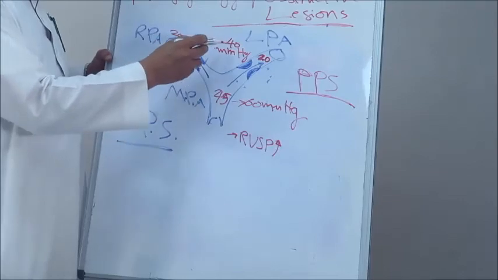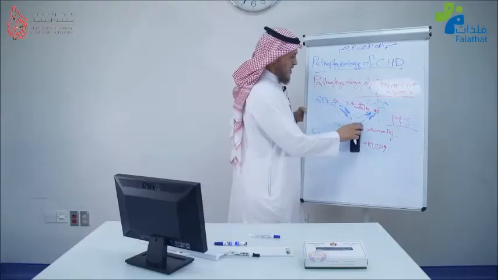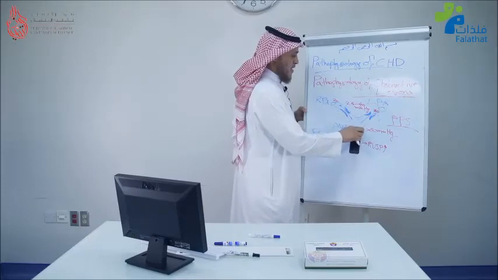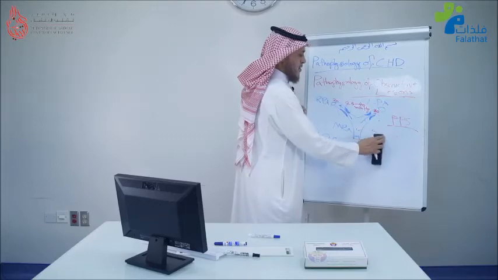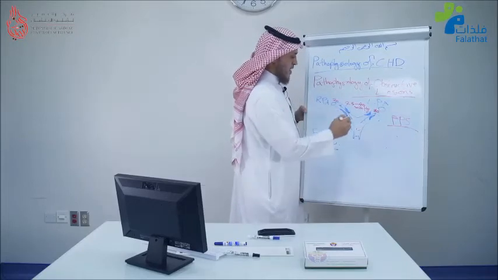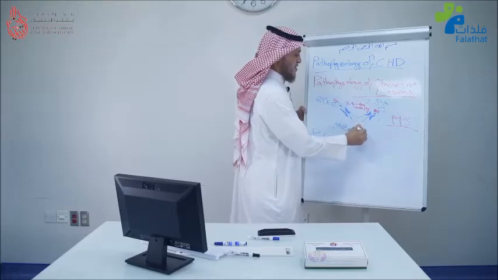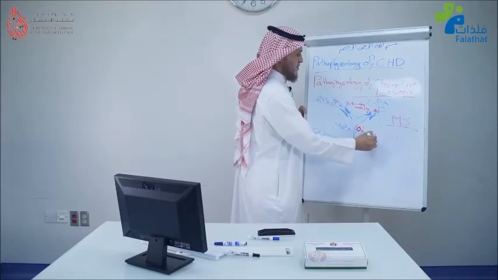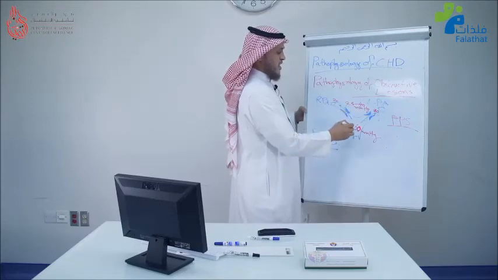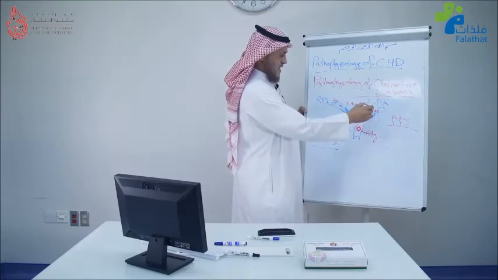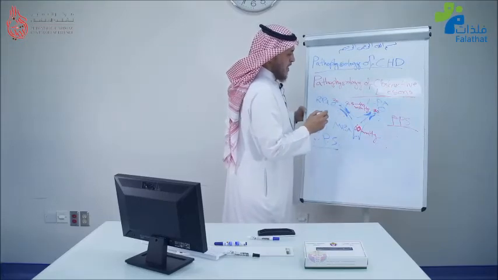So if it is, let's say, 40 plus 20, then this now will become 60, see? So this is now 60 millimeter mercury. The gradient is 40 between the main pulmonary artery and the branch pulmonary artery stenosis.